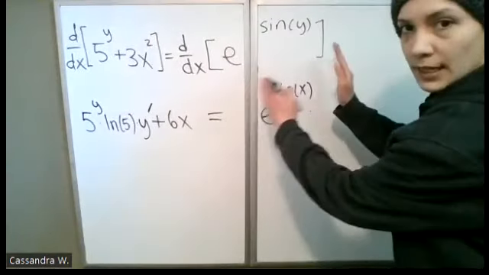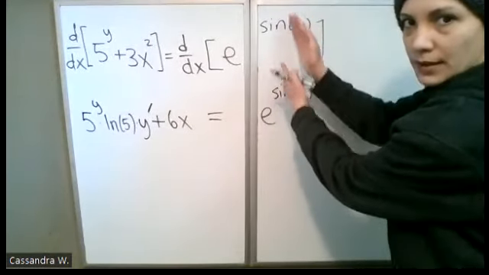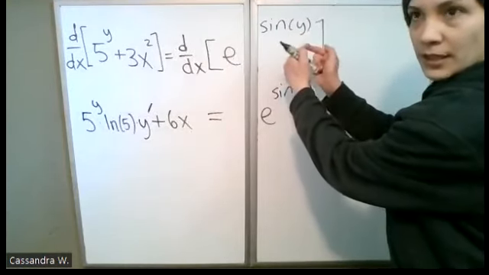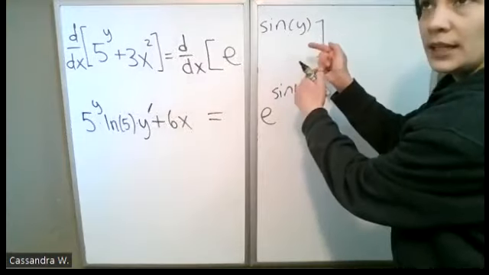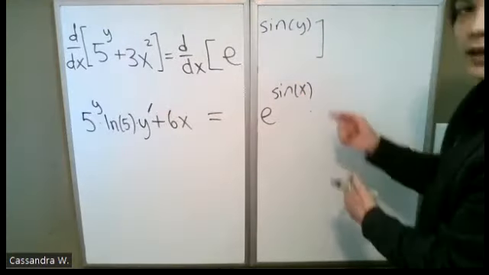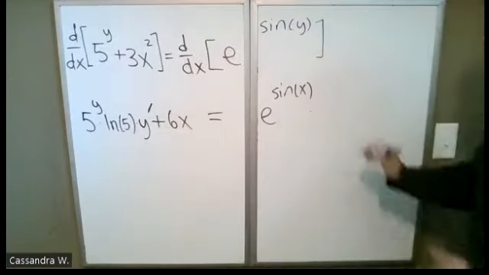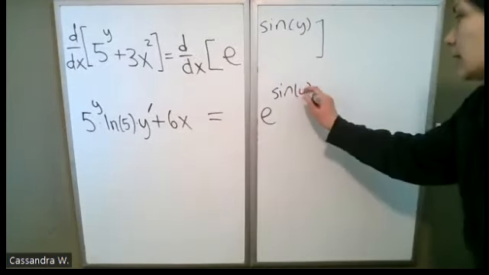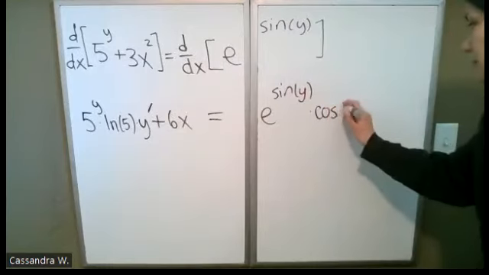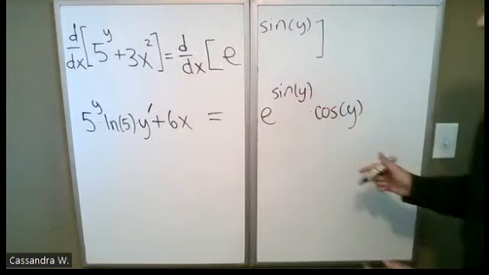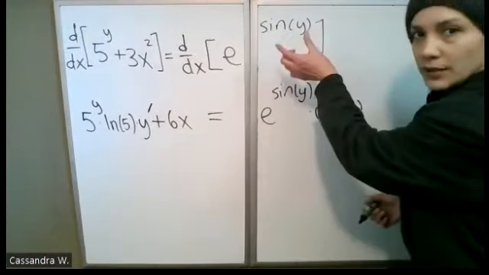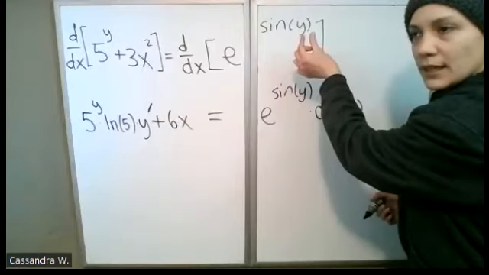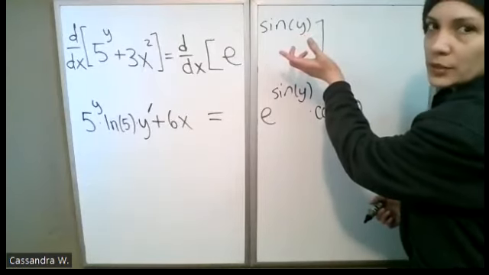Then you go in, which in this case is up to the exponent. Take the derivative of that inner function, which is the derivative of sine. It's going to give you cosine of y. Sine of y, and the cosine of y. Then y is a function, so you go even further in with the chain rule and multiply by the derivative of the inner function, which is y prime.